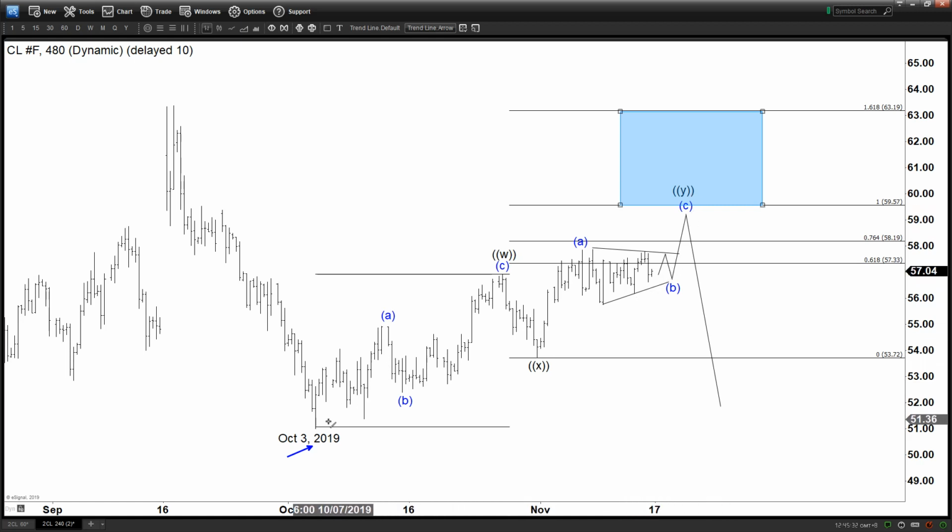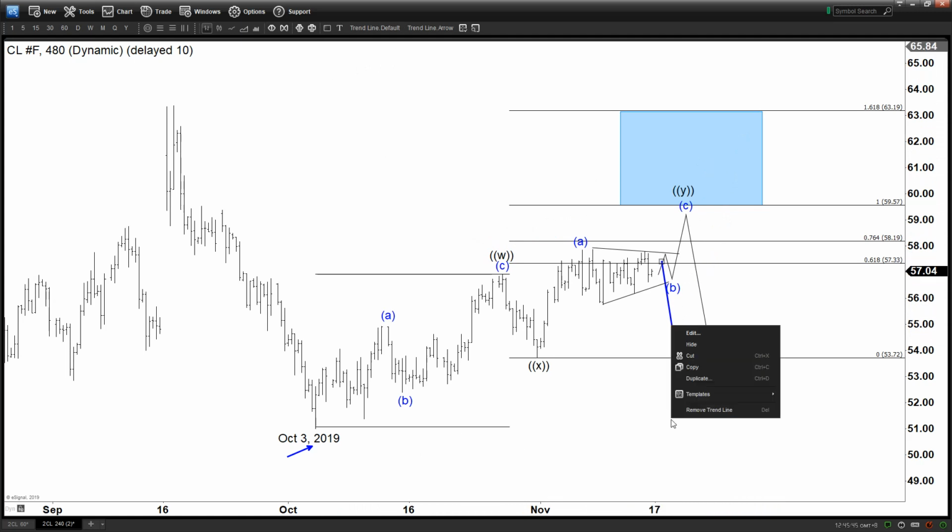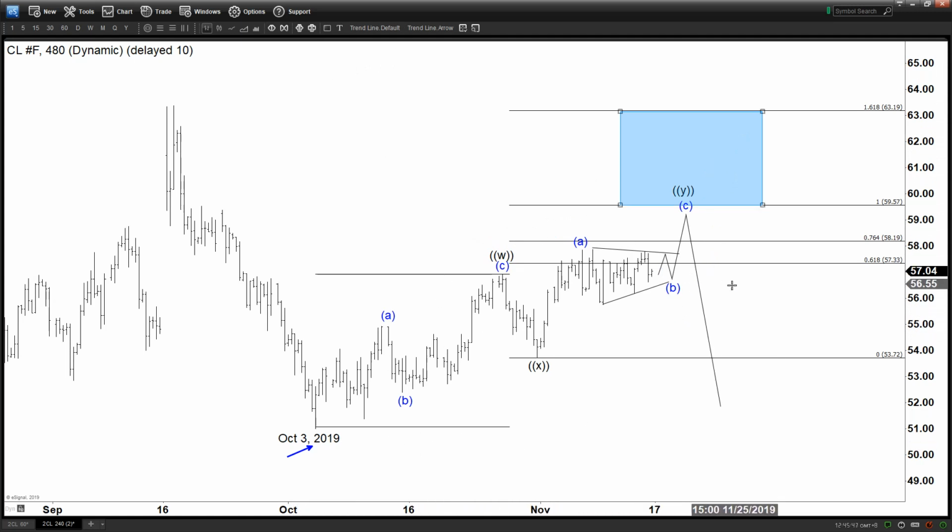Yes, another alternate is a 1, 2, 3, 4, 5 diagonal, maybe ending wave A, and then we would get a bigger pullback in the B before higher again. That's another possibility, but the more possible count at this point is that this is actually doing a double zigzag.